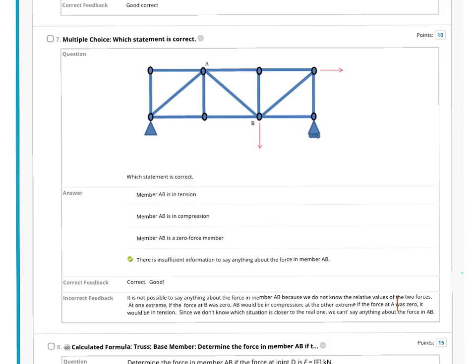In this problem, what you have to consider is the direction and the nature of these two forces in terms of the reaction forces these two forces would generate on the two supports.